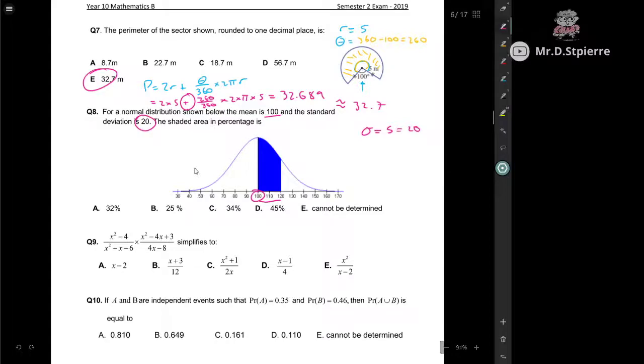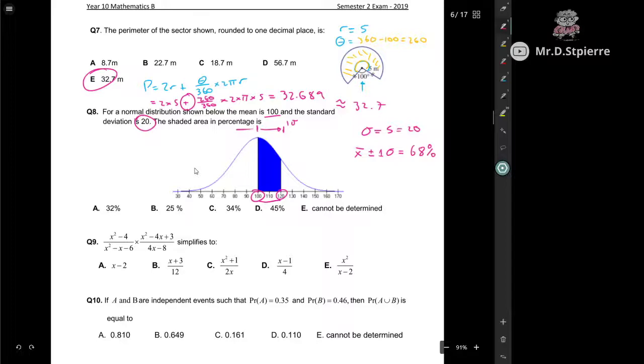So if we go from 100 to 120, we've got our mean, and then over here is one standard deviation across. Now we know that if we have the mean, which we might just write as x with a dash on top of it, and we are within plus or minus one standard deviation, that is equal to 68% of the population or sample space.